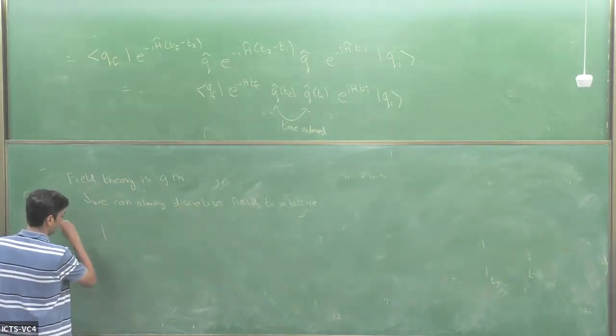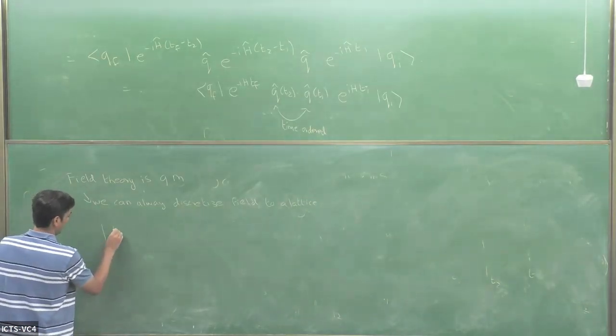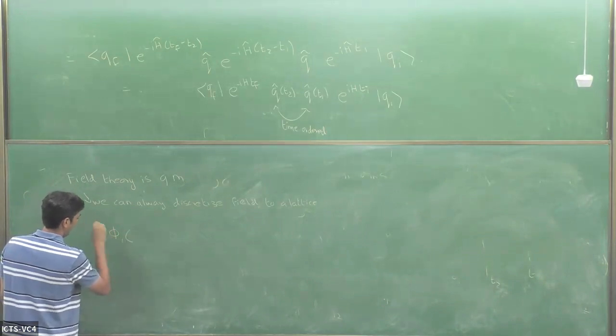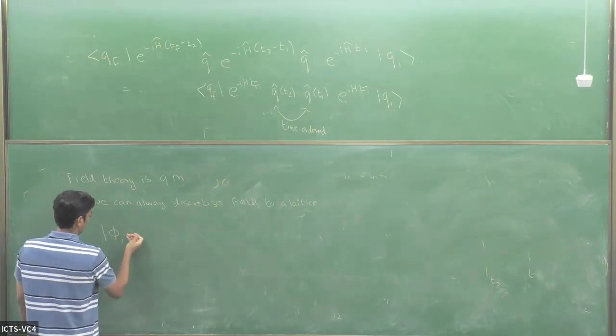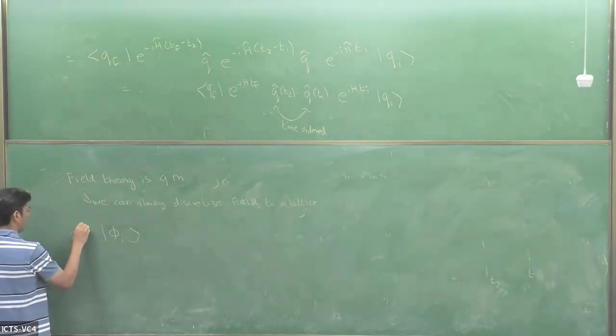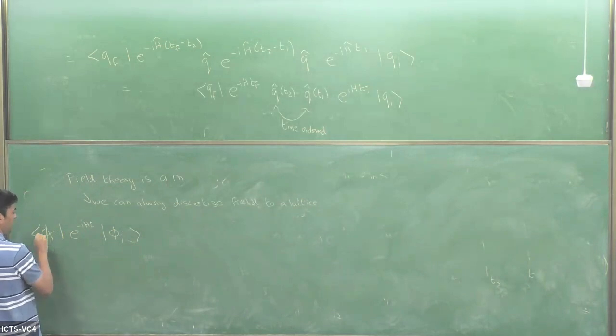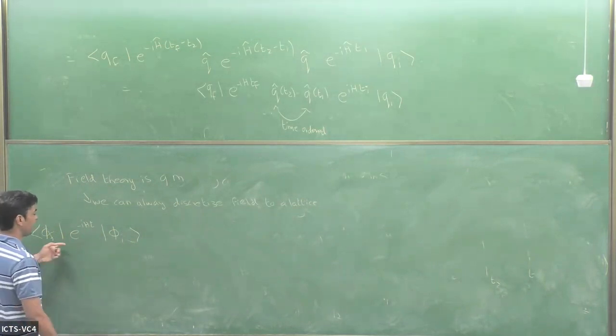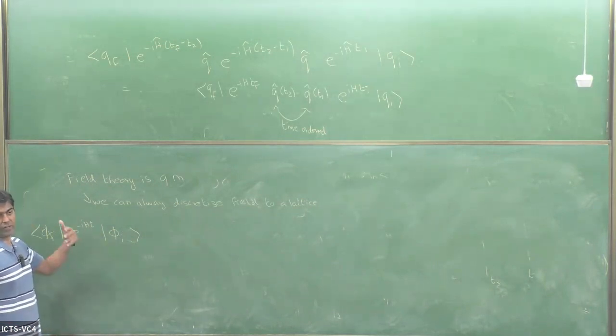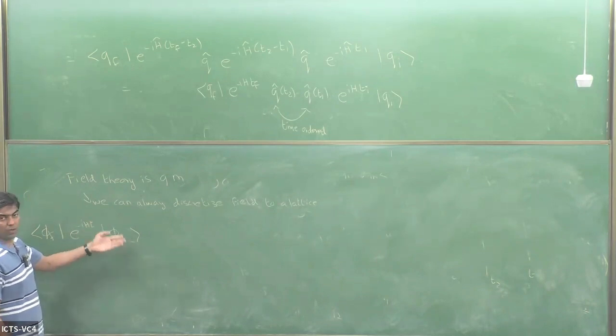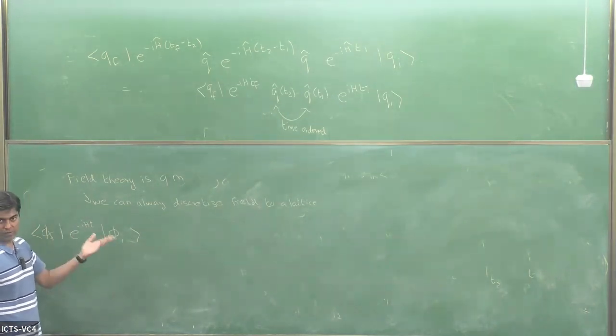If you want to look at the expectation value of the field to go from phi_i at some time to phi_f, the matrix element of e to the minus iHT, where these states are eigenstates of the field. They are states of the field, but written in the Schrodinger representation, which we discussed once previously in the class.